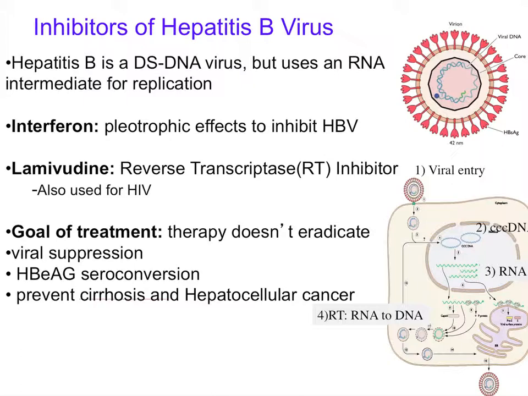And the reason lamivudine has activity against hepatitis B is the fact that within the viral life cycle, hepatitis B proceeds via an RNA intermediate. Essentially, the DNA gets converted to RNA first, and then after that, the RNA gets converted by this reverse transcriptase back into DNA. And that's where lamivudine does its work.